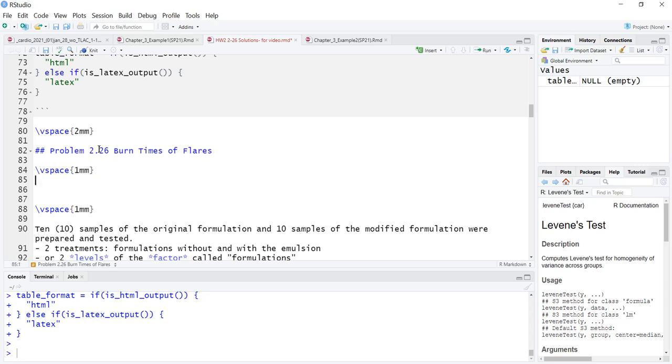Okay, so what I'm going to write here is that we are testing the burn times. You can call it burning times, that's fine, but to me it seems better for burn. Burn times in minutes of chemical flares. So I'm rewording it just a little bit from two different formulations.